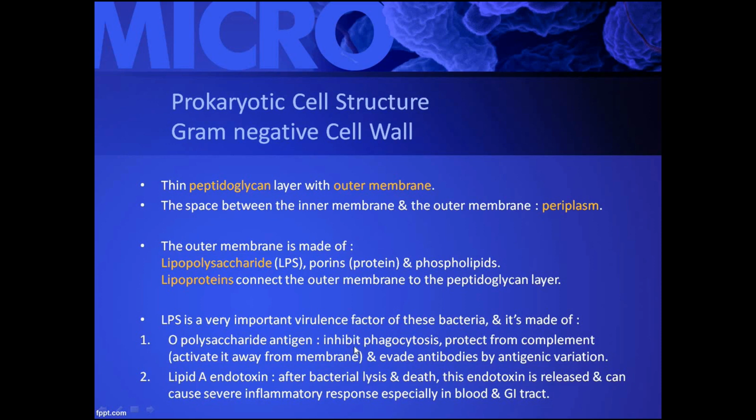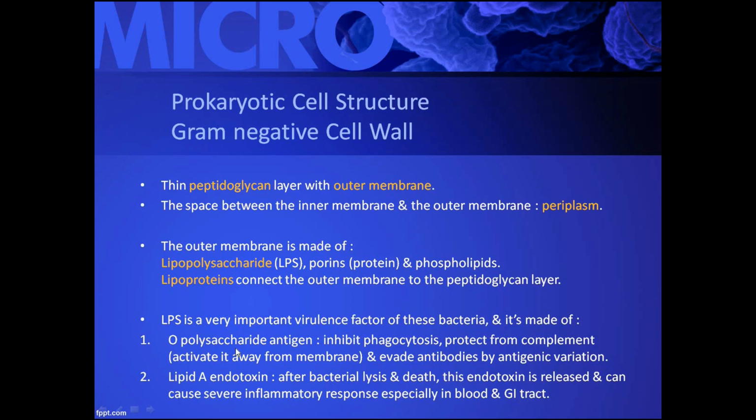This antigen inhibits phagocytosis and protects the bacteria from the complement system. Complement system is a part of the immune system, and it attaches to membranes of pathogens and produces pores in that membrane, destroying the bacteria.